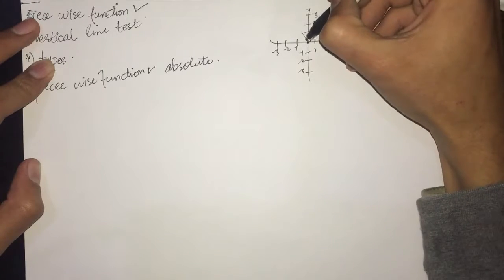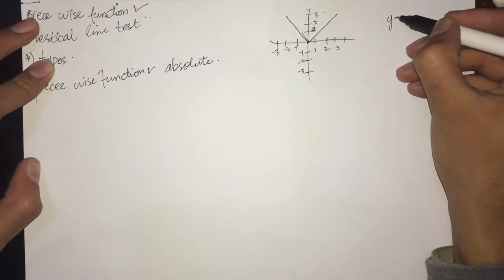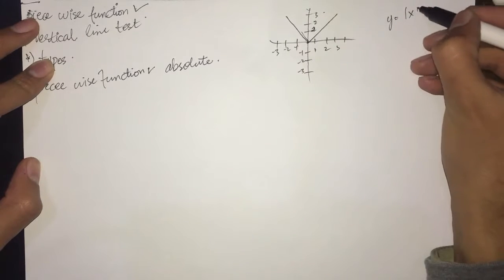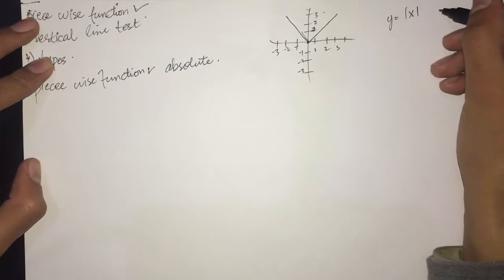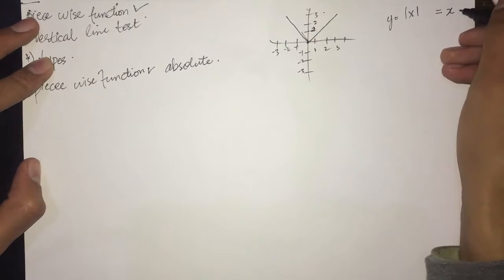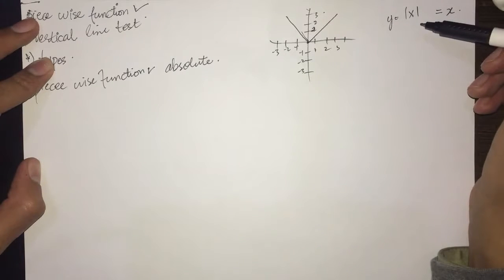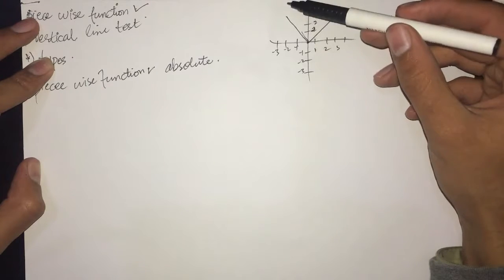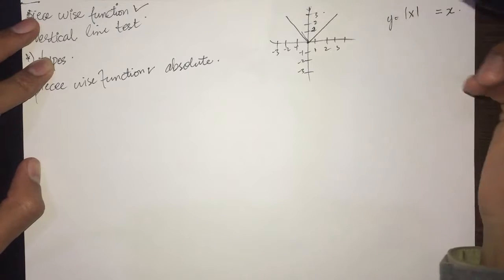Because what is an absolute function? Absolute function is y or f of x equals absolute x. So when you input a negative value of x or a positive value of x, it will always give you the positive output.